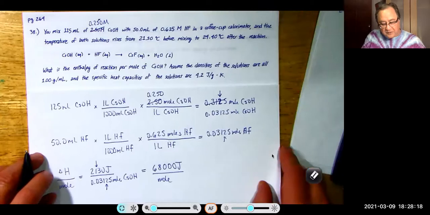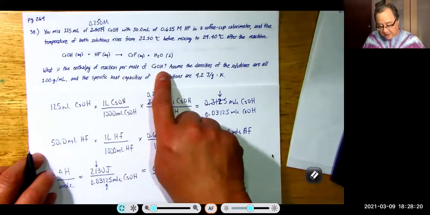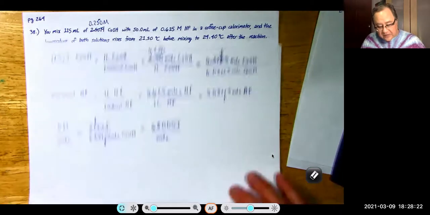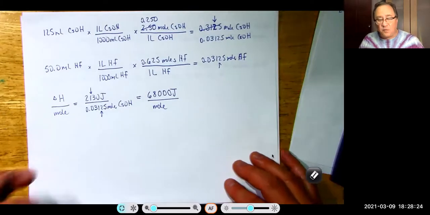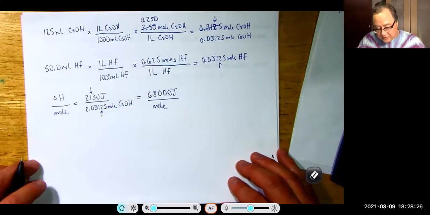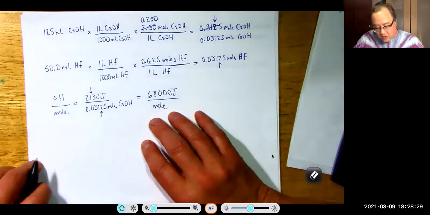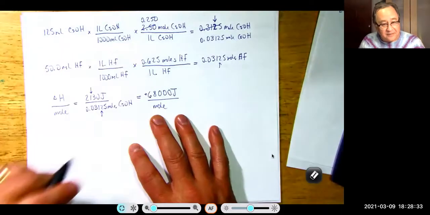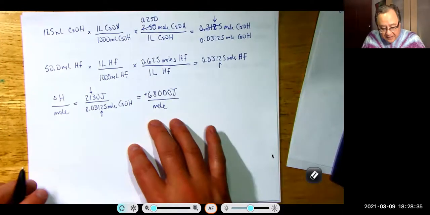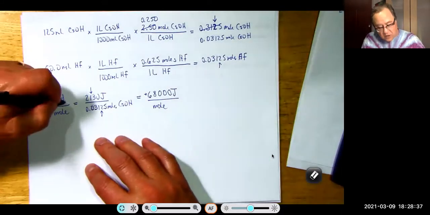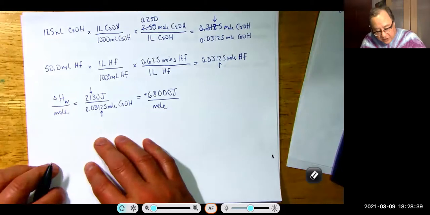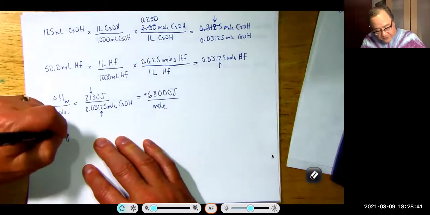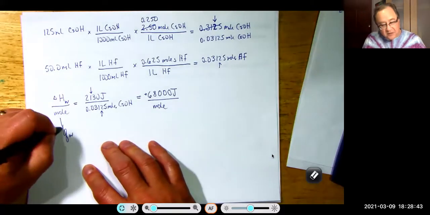So what is the enthalpy of reaction per mole of cesium hydroxide? This looks like the answer, except one thing. We have to remember that the water gained this much energy, right? And so we actually calculated the change of enthalpy for the water, or the Q of the water. That's what we just calculated.